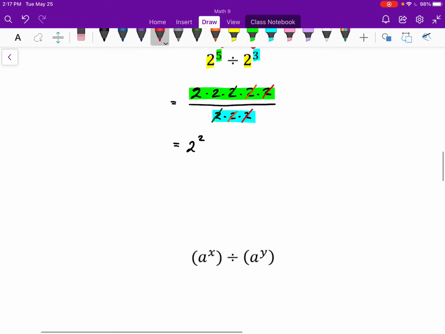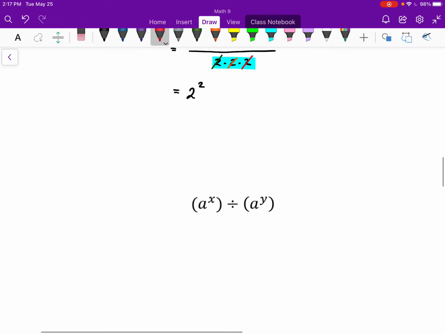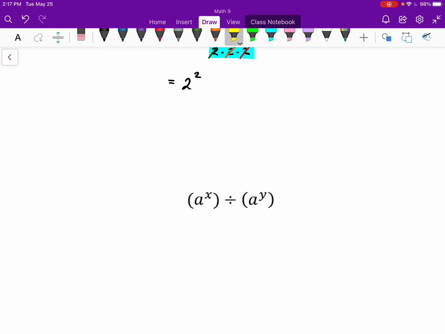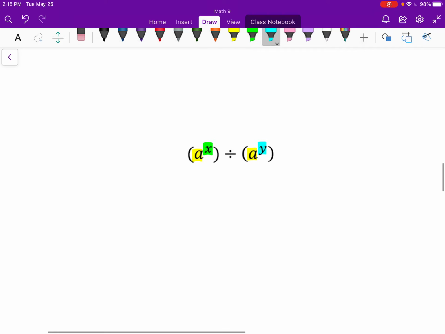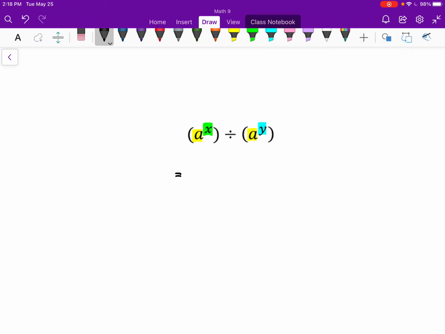And I can generalize that like this. If I have a to the power of x divided by a to the power of y. What is a? I don't really care. It's just the same number. And I have an exponent of x and an exponent of y. Anytime I have this, if I want, I can write it as a fraction, a to the power of x over a to the power of y.